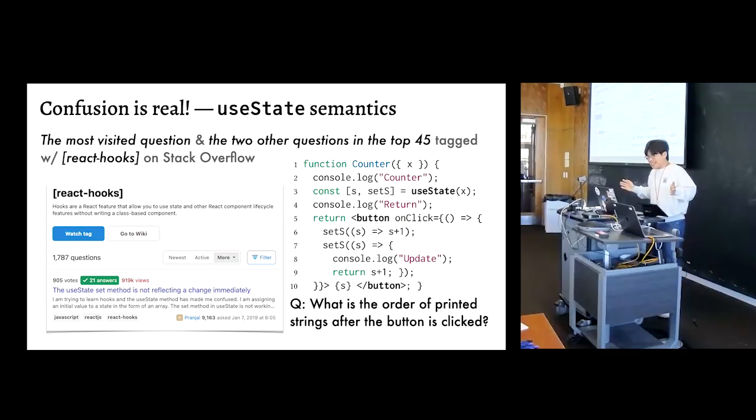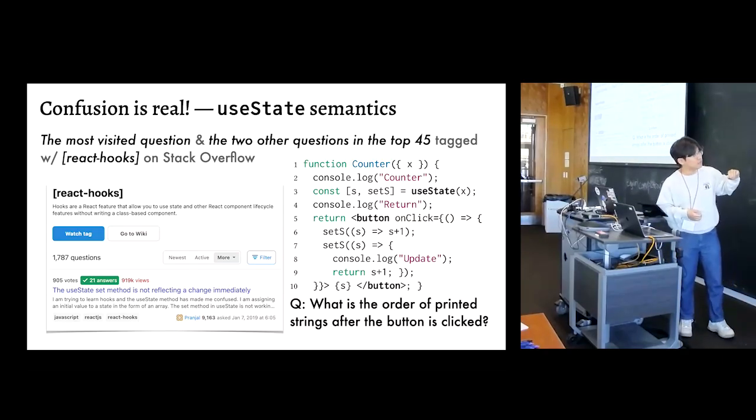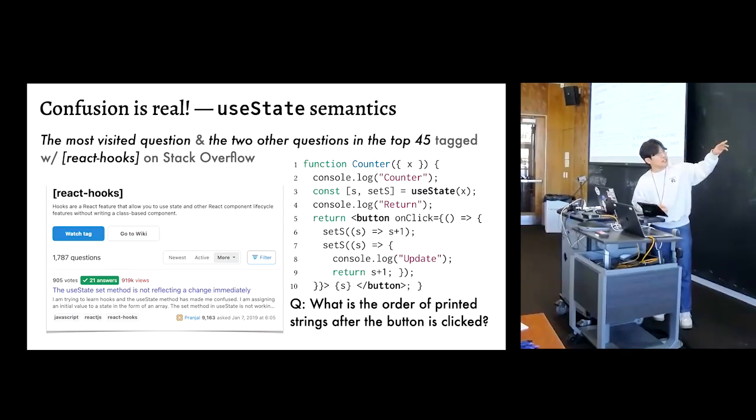So let's try to guess the order of the printed logs. I'll give you a couple seconds to take a look at this code. When React first calls it, it's going to print counter and then initialize the state, followed by printing return. And as you can see, there's an on-click handler provided to the button, which has 2 calls to setter functions, each of which is provided with an updater function that increments the state by 1.